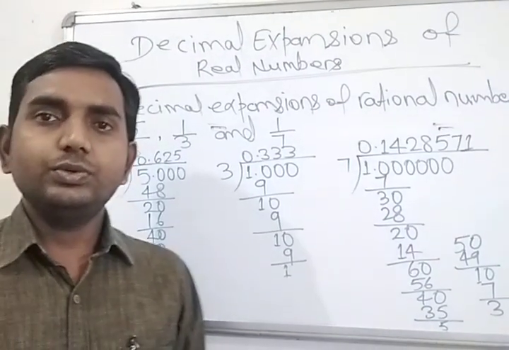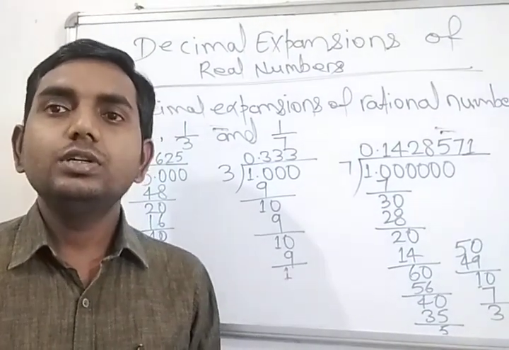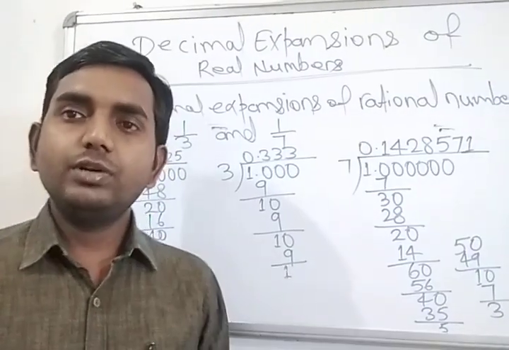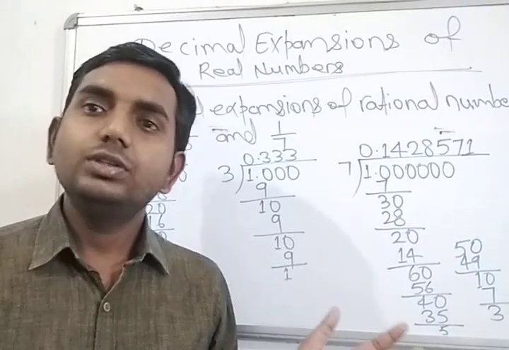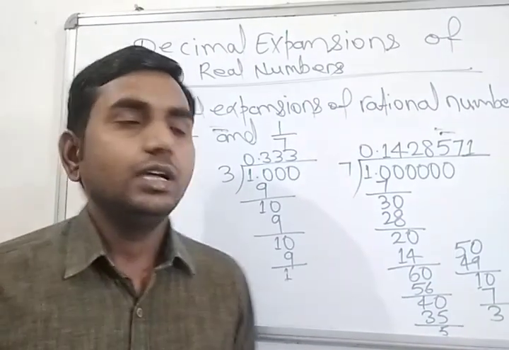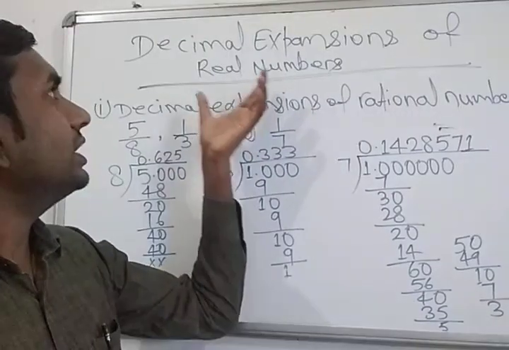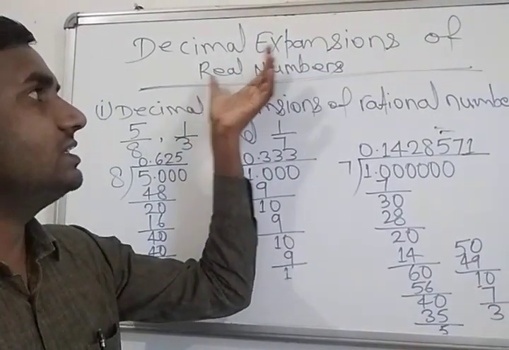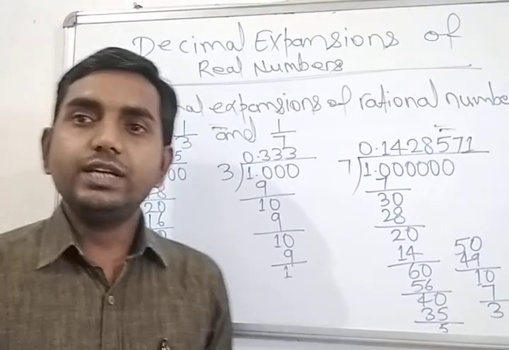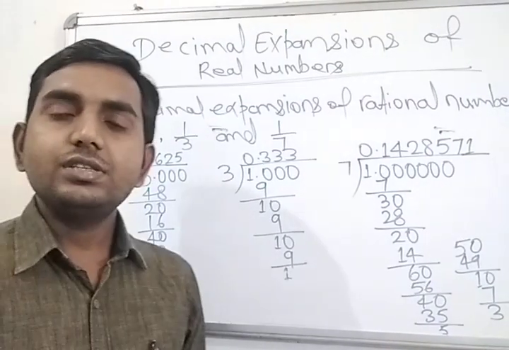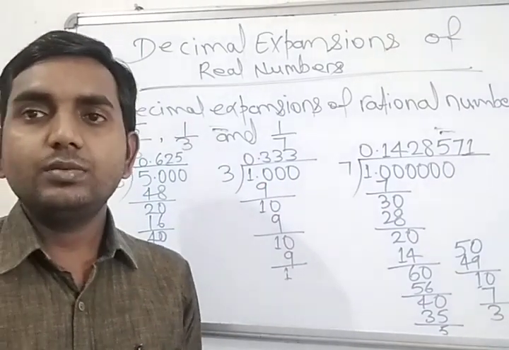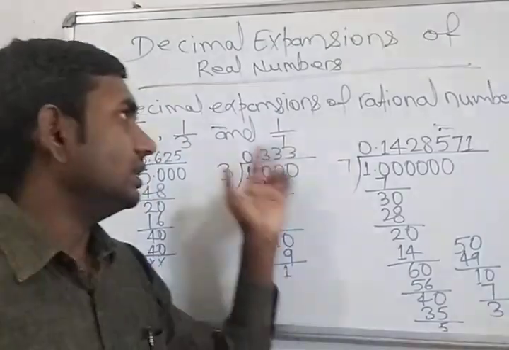In the previous video we studied the number system in part 1. There we studied different types of numbers collected from the number line, and in this video we are going to study the decimal expansion of real numbers. As we know, real numbers mean all rational and irrational numbers collectively.